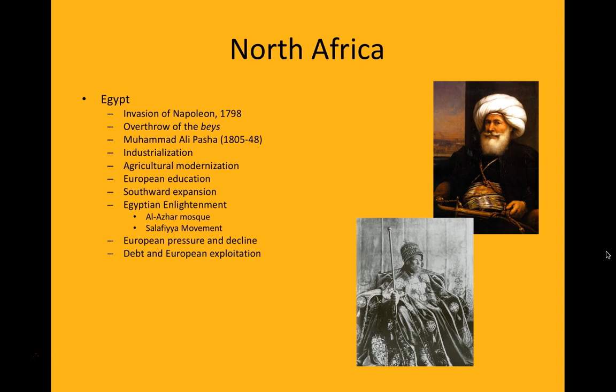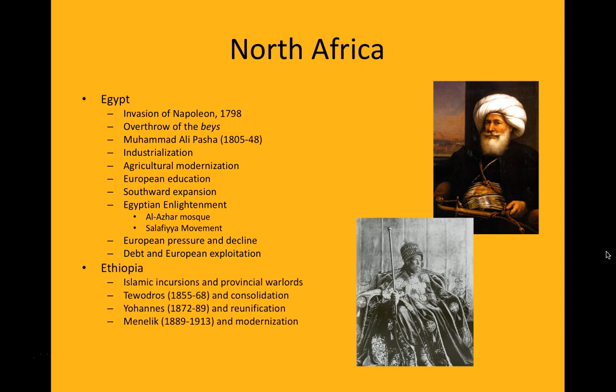But under his heirs in the second half of the 19th century, Europeans were able to pretty much take whatever they wanted from Egypt, including in the building of the Suez Canal and other things in the 1860s. And so the debts became crushing. And ultimately Egypt was not able to achieve the desire that Muhammad Ali Pasha had to reach a point where Egypt would be on par with European industrialized economies. They simply failed to do that.